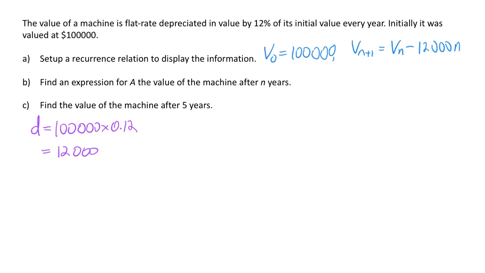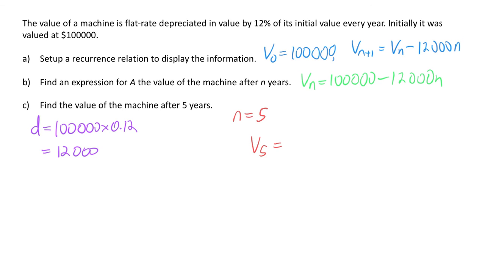Now I can use the same information to be able to write the rule, and the rule is going to be Vn is equal to 100,000 minus 12,000n. So now that I've set up the recurrence relation and I've got the rule, I can go ahead and find the value of the machine after 5 years, and I'm going to substitute n equals 5 into my rule to be able to come up with that value.